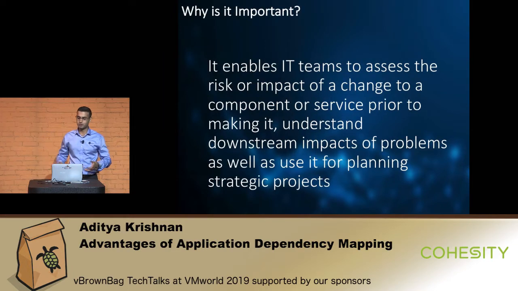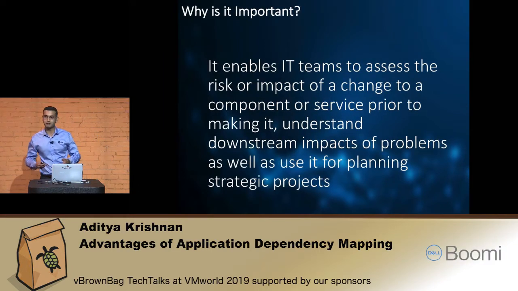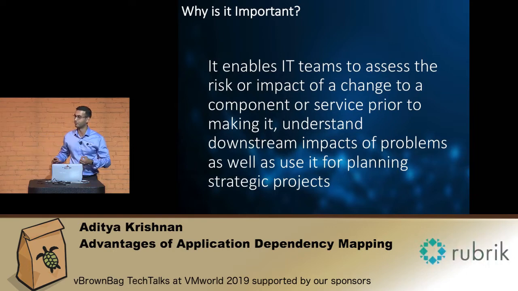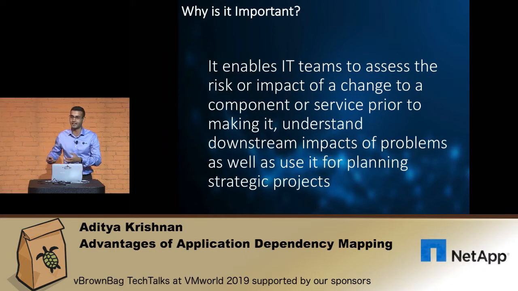And why is it so important? Application dependency mapping is important in three folds. First of all, it helps you in identifying any risks within the environment, being able to identify the different components and all the single points of failure. A lot of times organizations end up having single points of failure which go unidentified until application dependency mapping is put into place.